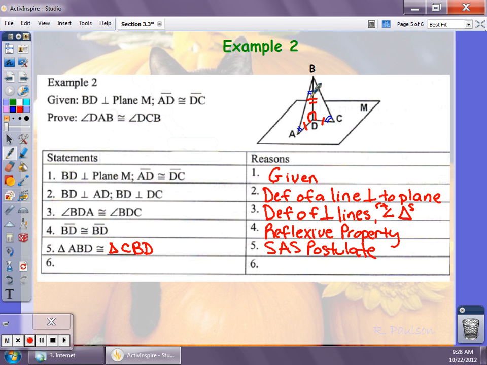This angle here is congruent to that angle here. And that this side is now congruent to that side. So now I can say that angle DAB is congruent to angle DCB based on corresponding parts of congruent triangles are congruent, or for short, CPCTC.